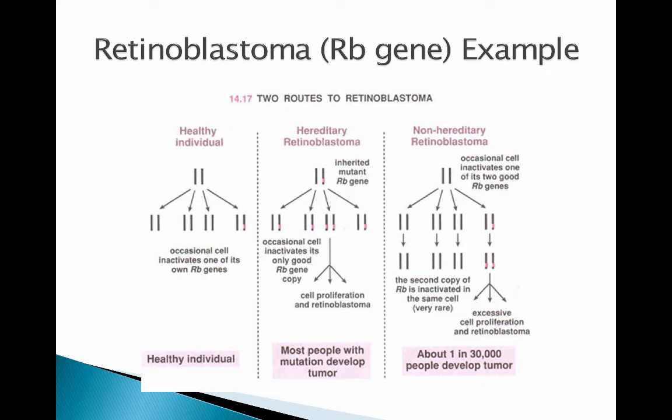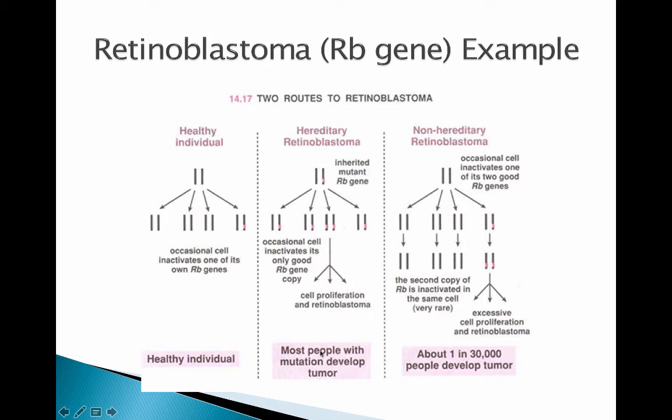So this has been studied in retinoblastoma, which is basically cancer of the retina in your eye. In healthy individuals, fine. If they get one mutation, nothing happens because they've still got a good copy. In hereditary retinoblastoma, you start out with an individual who's got one mutation, and then there's a much higher probability that you might pick up one mutation in the other chromosomal copy.